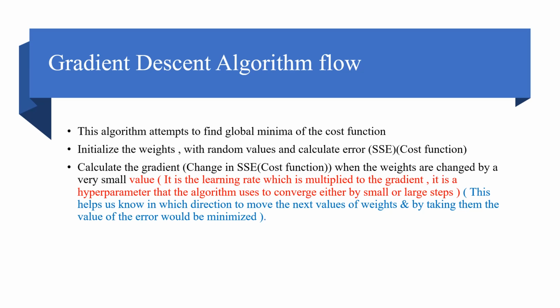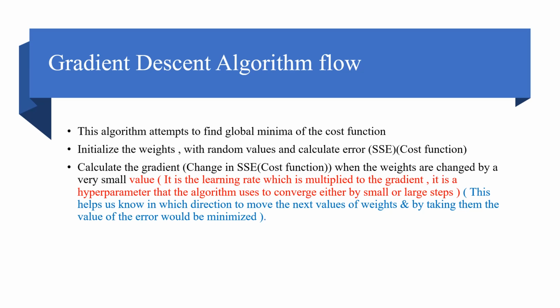The next thing is you calculate the gradient. What is the gradient? As I told you earlier, it's the change in the SSE or the cost function when the weights are changed by a very small value from the random value. As the first step shows, the algorithm attempts to find the global minima and then initializes weights with random values.